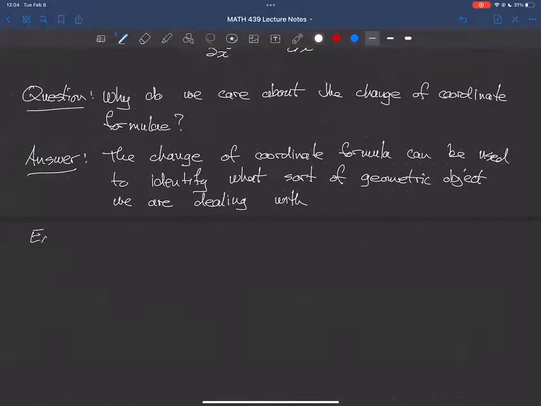So let me immediately illustrate what I'm talking about with an example. There's a thing that you know about. Let M be a manifold and f a smooth function.